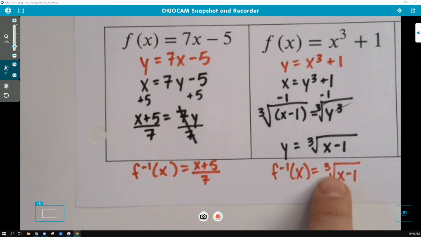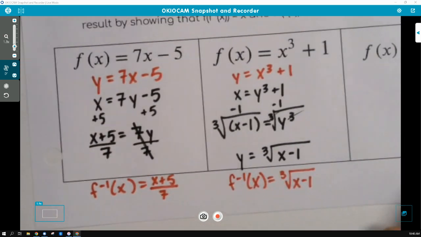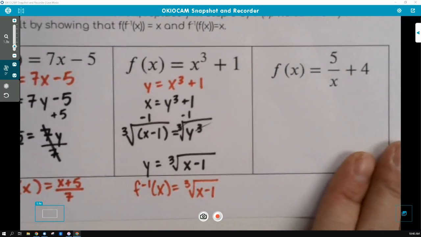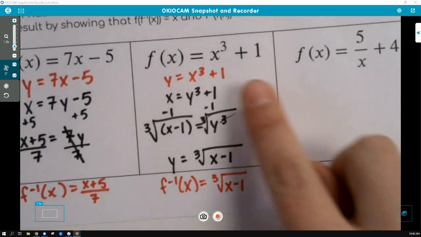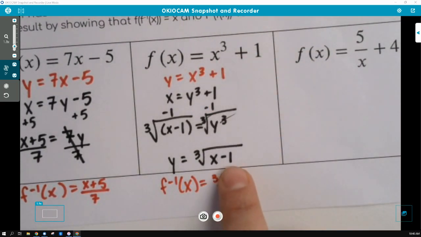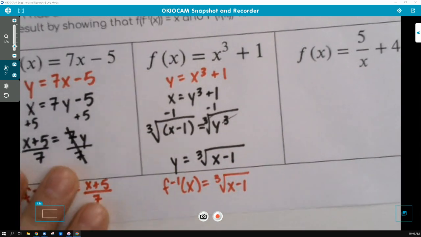Yes, it's the cube root, so that's a little 3 by the root symbol. So that makes it a cube root instead of a square root. Okay. So again, opposite operations in the opposite order. So instead of cubing and then adding, we are subtracting and then cube rooting.